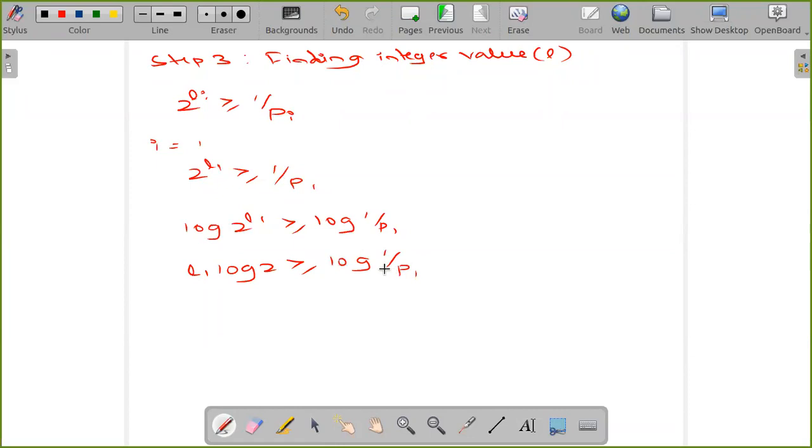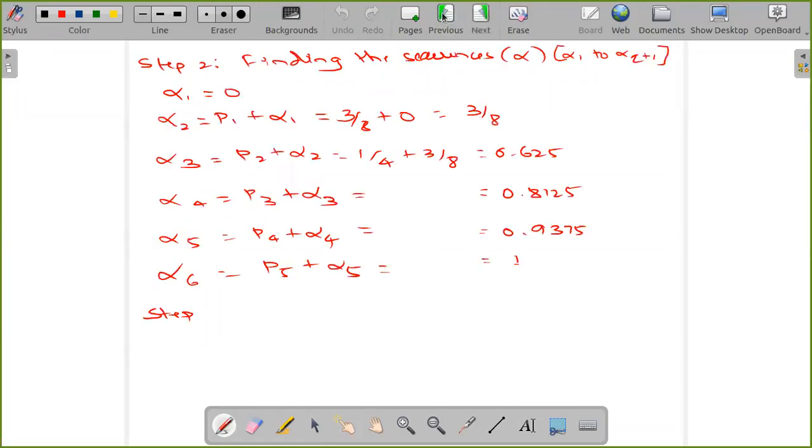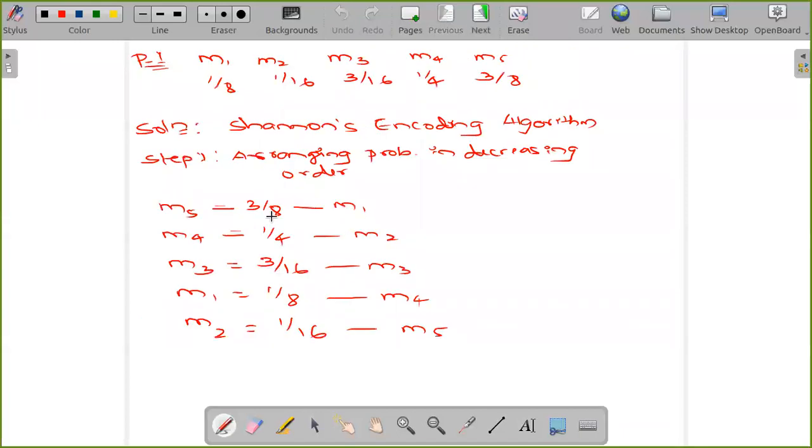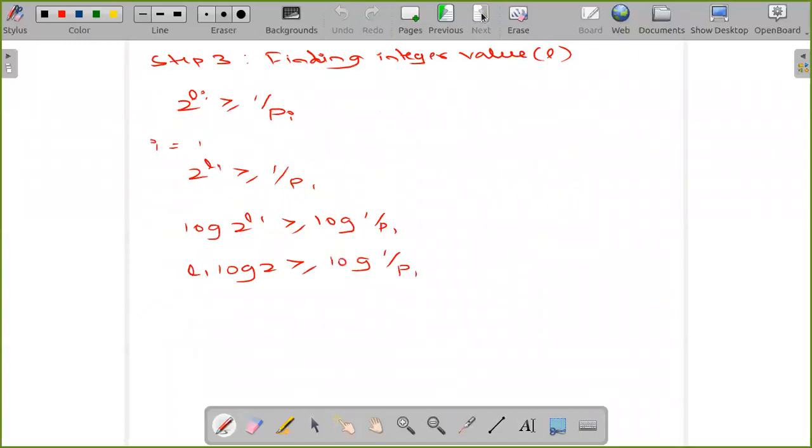Now, how much is P1? P1 is 3 by 8 here. I will substitute that value. So L1 is greater than or equal to log 1 divided by 3 by 8, divided by log 2.